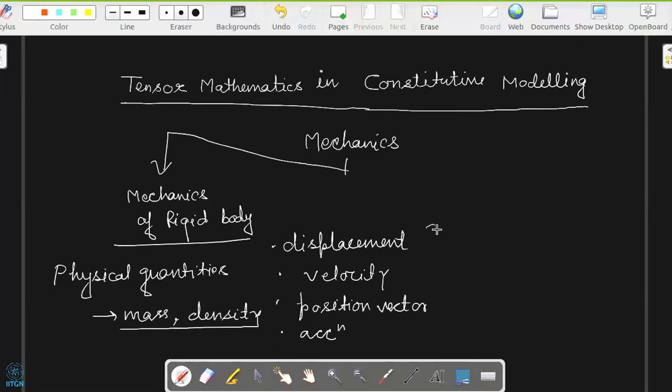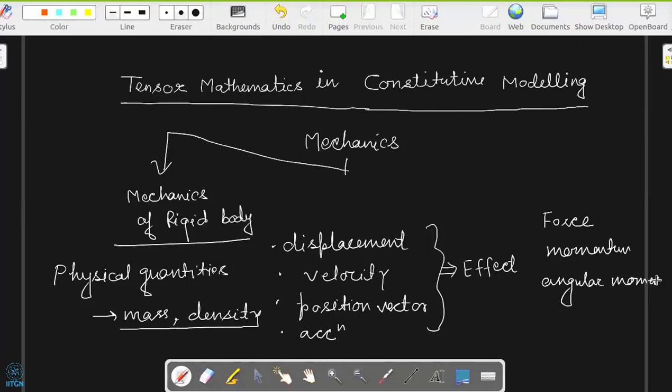These are the effects you are observing, and you are trying to understand what the cause of this is. Then you came to the conclusion that the cause must be force, momentum, angular momentum, and torque.